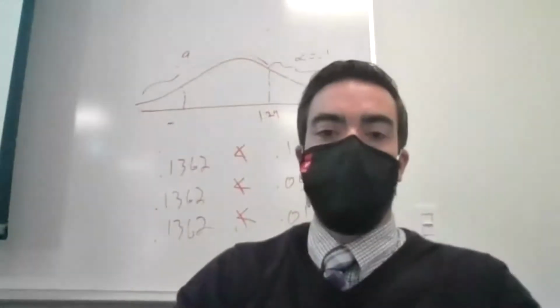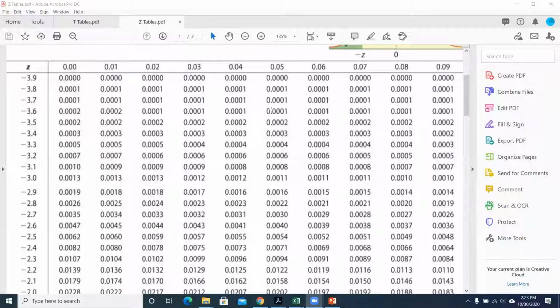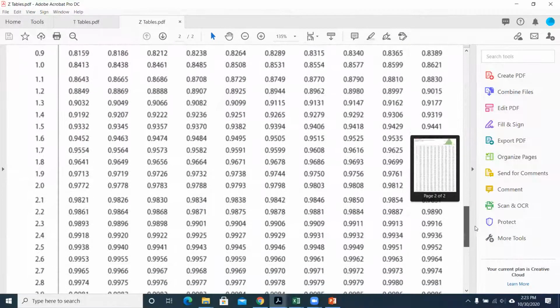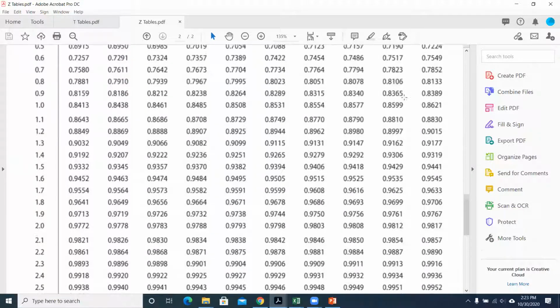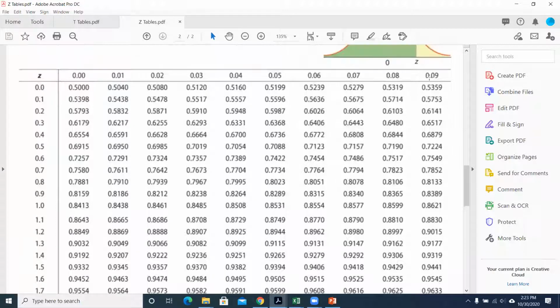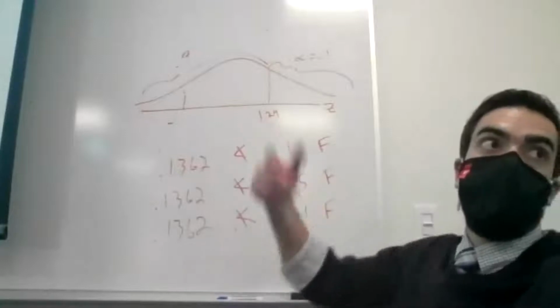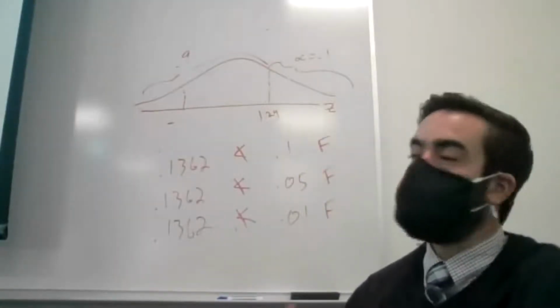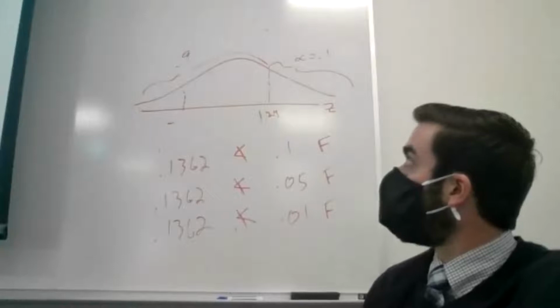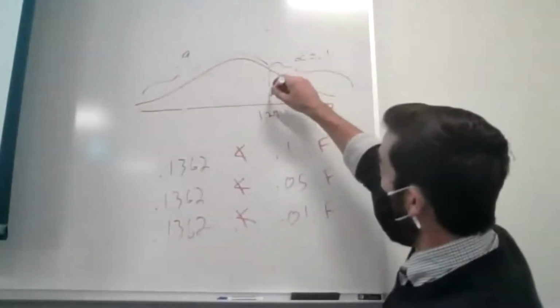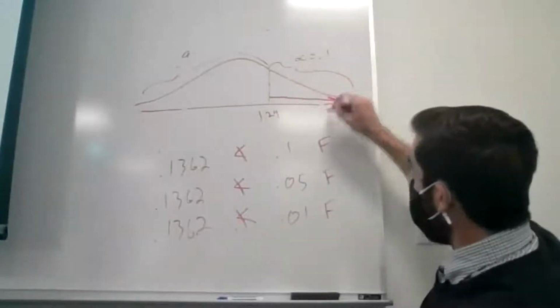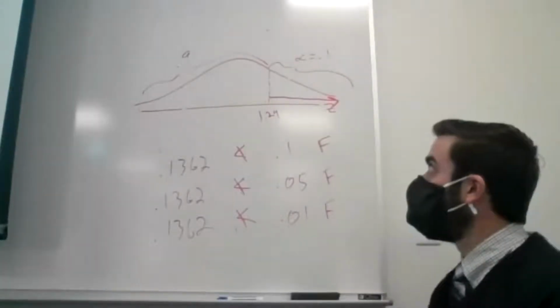So I could have also gone to that table, looked up an area of 0.9 in between these two, 1.28 and 1.29, take the higher of the two, 1.29. Sure enough, same value we found if we just looked up alpha and remembered it's a right-tailed test, so the critical value has to be positive. Okay? So here's our critical value. Our rejection region is going to be anything to the right of that for a right-tailed test.